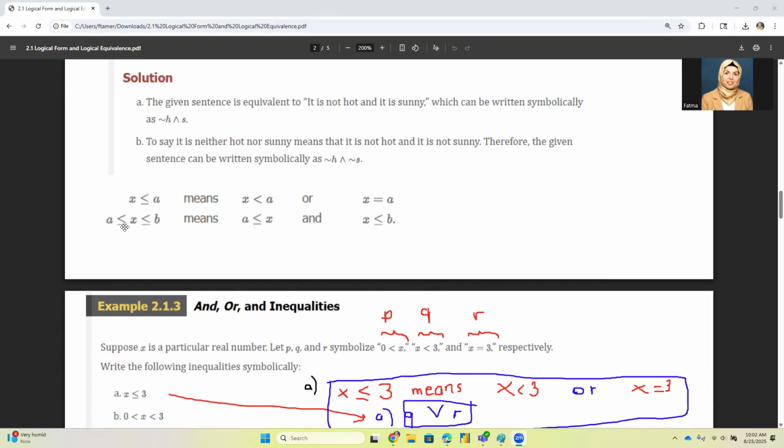But whenever we have this compound inequality in the form A is less than or equal to X, X is less than or equal to B, this means A is less than or equal to X and X is less than or equal to B. So this one uses the keyword and, and this one uses the keyword or.